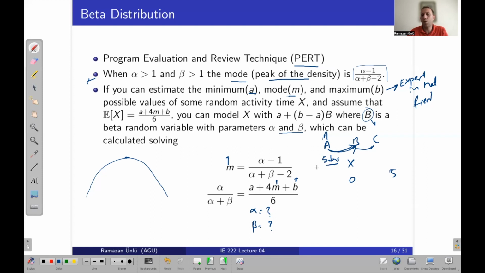So we can now simply calculate the probability of this event, thanks to generalization of the beta distribution. So here the A event, let's say, ranges between 0 and 5, and we can simply calculate what is the probability that A will be less than or equal to 3. So we can now simply calculate this probability.